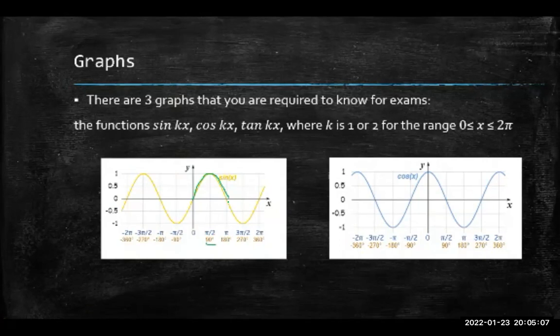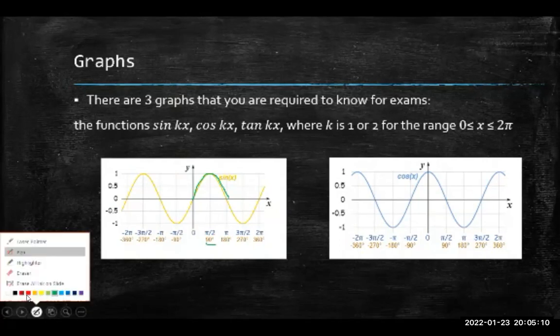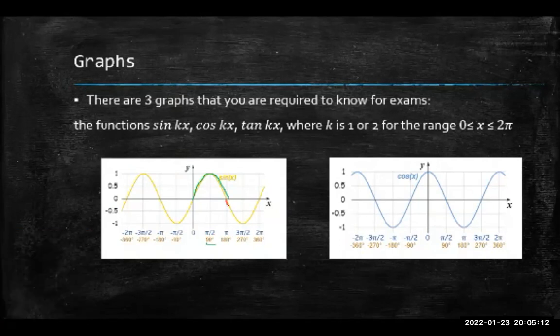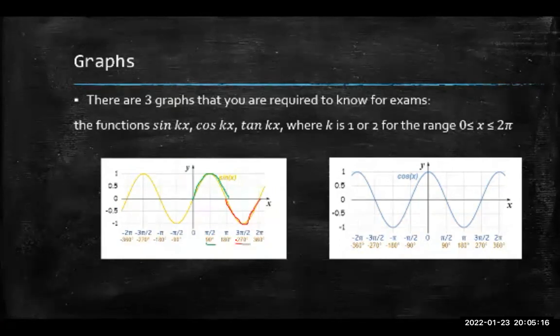The trough, which is this bottom part here, is at 270 degrees, also known as 3 pi on 2 radians. You could just learn this off, but I need to make sure you understand how they came up with this graph in the first place.